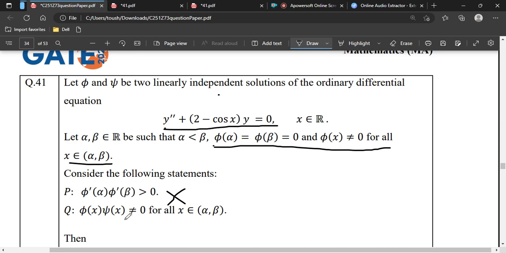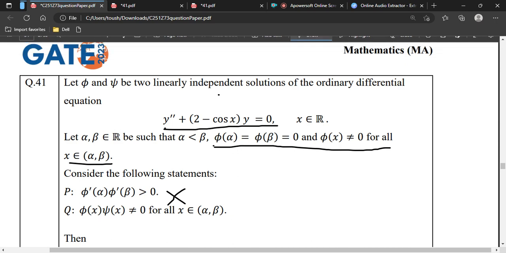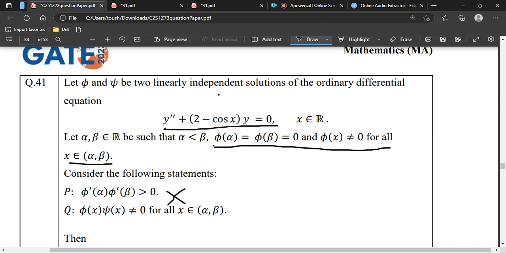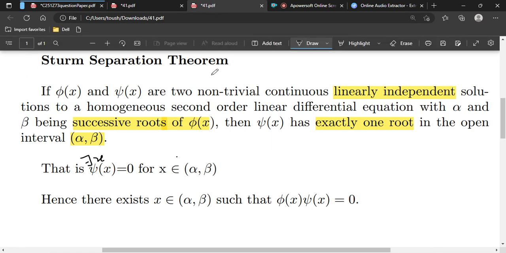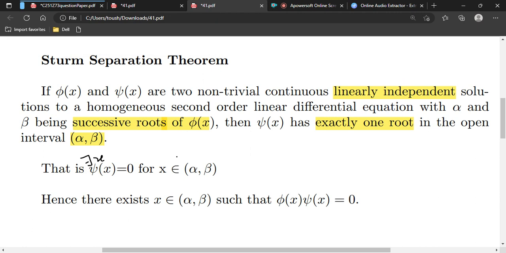Now let's check what option Q says. Option Q says that phi(x) into psi(x) is non-zero for all x between alpha and beta. So let's see quickly a theorem called Sturm separation.